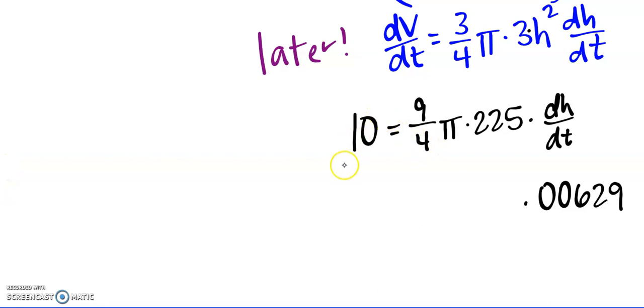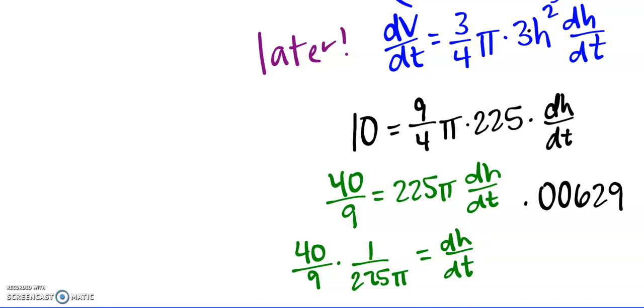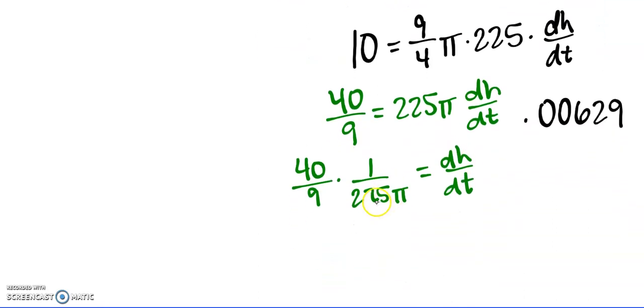So if I multiply over by 4/9, I'm going to get 40/9 is equal to 225 pi dh/dt. So then I'm going to divide, which is the same thing as multiplying by the reciprocal. And then, thinking about what they have in common, that's a 225, by the way, I end up with 8 over 405 pi.